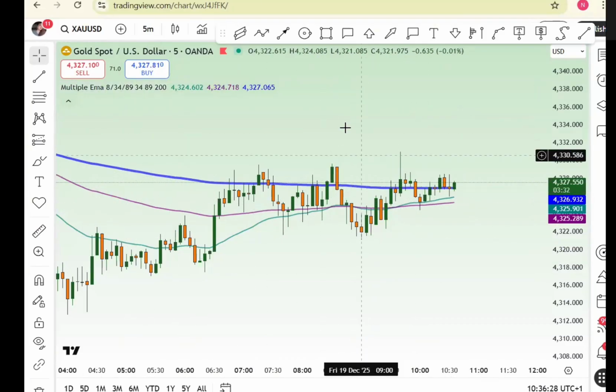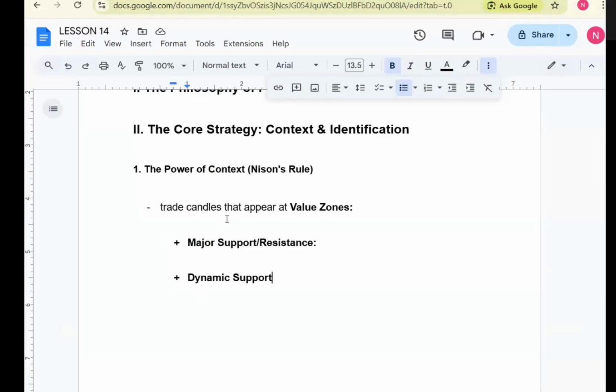I always show this on my chart when I live stream on YouTube. Okay, so if you want to identify a reliable dynamic support, you can adjust indicators like the EMA, and EMA 89 or EMA 200 is a reliable dynamic support zone.